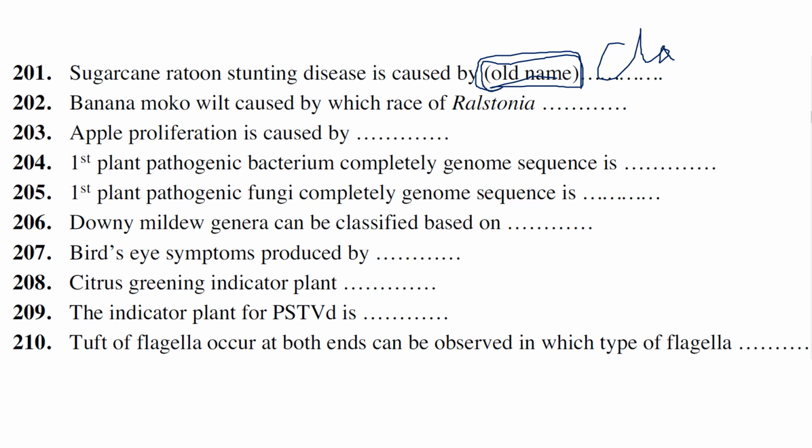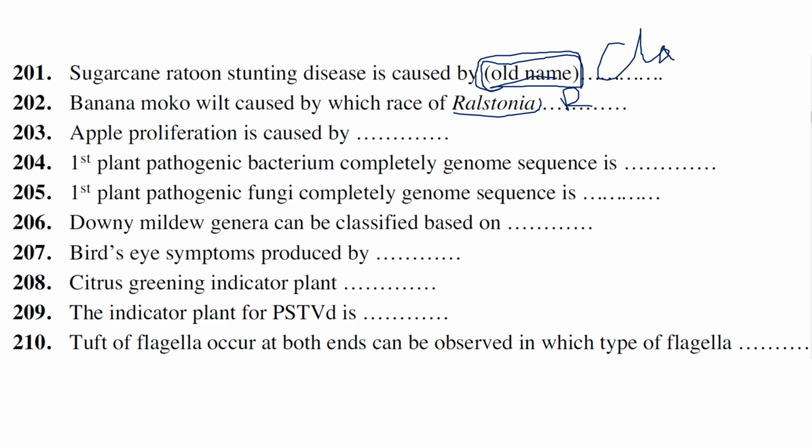Banana moko wilt disease is caused by which race of Ralstonia? Generally this moko wilt is caused by race 2. There are some races, right? If you see, race 1, race 2, race 3, race 4, race 5. Race 1 infects Solanaceae, race 2 Musaceae or banana, race 3 potato, race 4 ginger, race 5 mulberry.